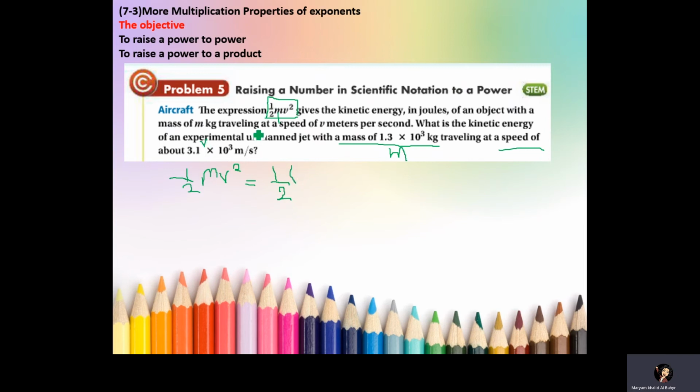It's given as 1.3 times 10 to the power 3, times this value. And remember, it's raised to the power 2, so be careful on that.